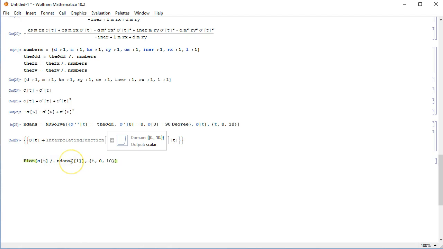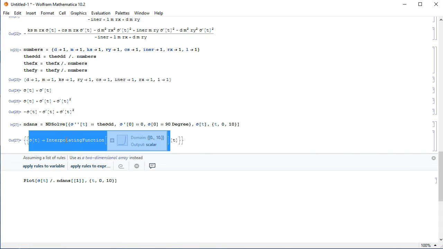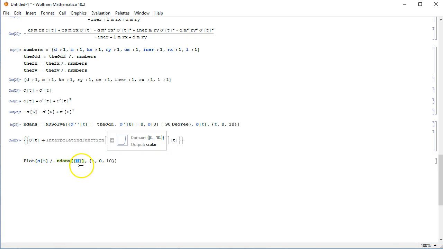This guy right here is a little bit cryptic, I understand. But sometimes you'll have multiple answers. Maybe it's quadratic, you have two answers. One's the plus square root, one's the minus square root. So what you would do is take the ND answer, and I want the first answer. In this case, there's only one answer, but I want the first one, and I want you to put that in there.